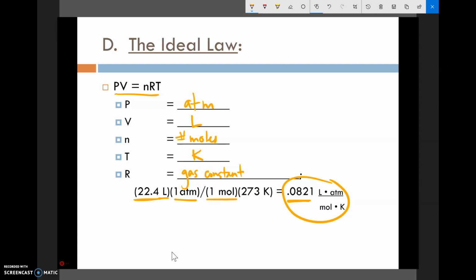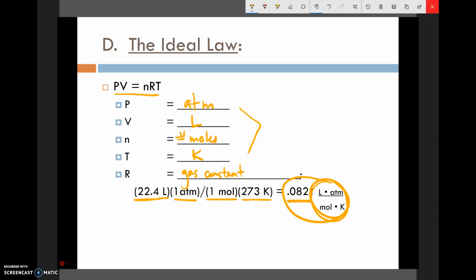And of course, at 0 Celsius, that's equal to 273 Kelvin, which again is our standard temperature. So we plug all these numbers in, divide the 22.4 by the 273, and we get this 0.0821. Every time you see an R, you're going to plug in that number. And the corresponding units help cancel out all of these other units up here.